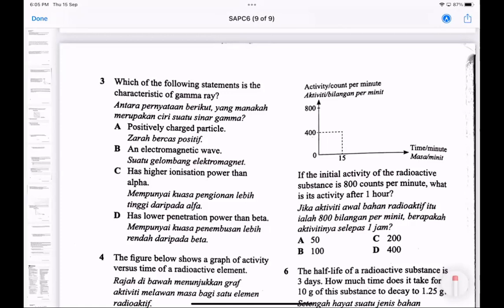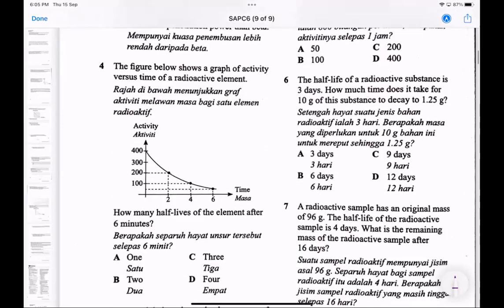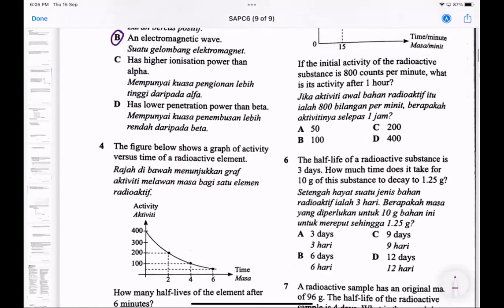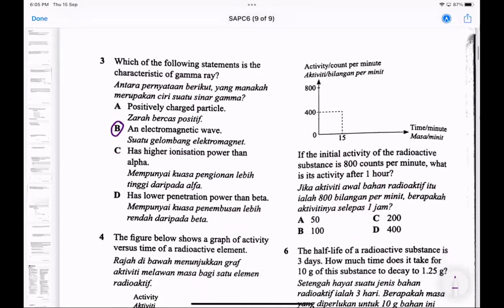Done, teacher. Done, 3, 4, 5. Okay, honey, 3. Boy. Boy, betul. Arina, 4. C. C, correct. Number 5, honey again.